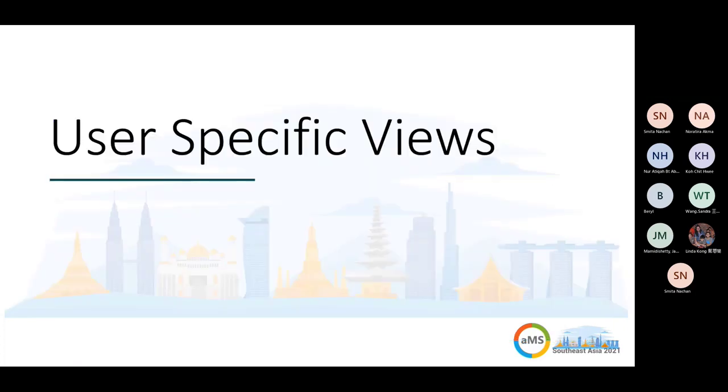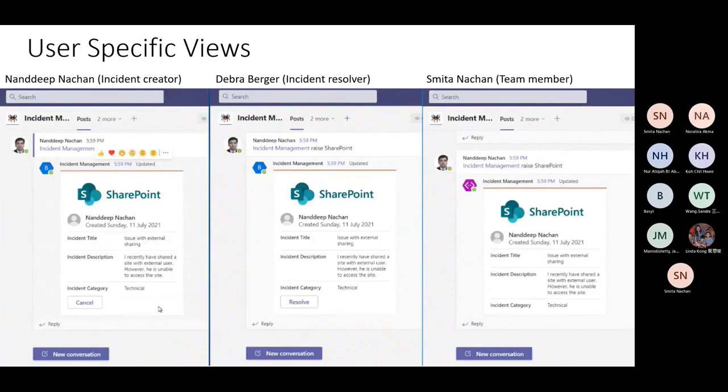Now let's see user specific views. Today, every user in a team chat or channel sees the exact same view and button actions on the adaptive card. However, in certain scenarios, there is a requirement for certain users to act differently and have access to different information within the same chat or channel.